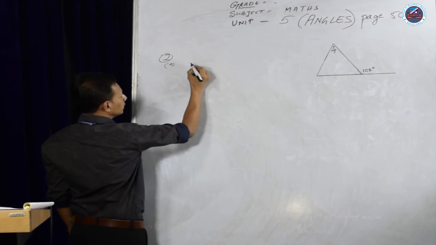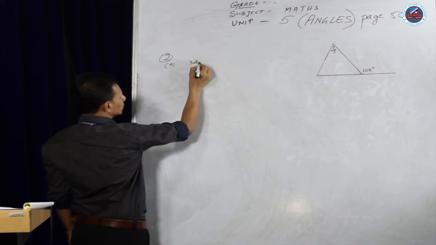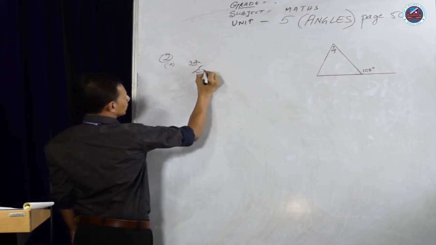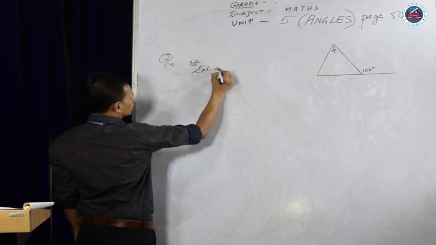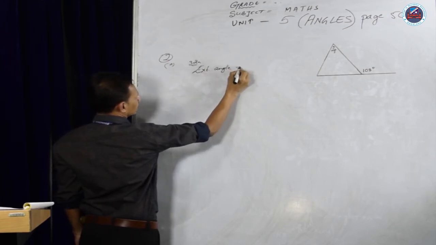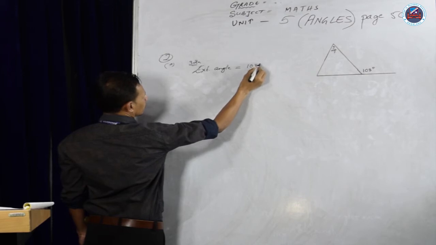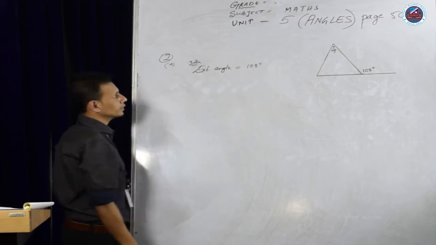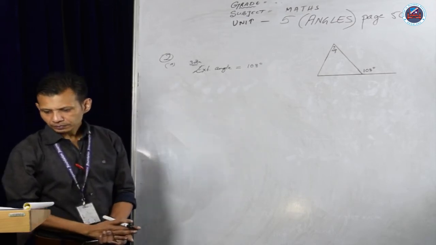Exterior angle is given. Solution. Exterior angle is 108 degrees. Is given, right?